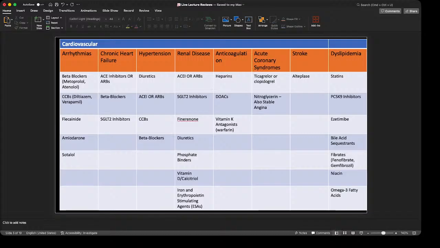Anticoagulants: heparin, DOACs, direct oral anticoagulants like rivaroxaban, Xarelto, Eliquis, apixaban, and dabigatran, and the vitamin K antagonist warfarin. When it comes to warfarin, definitely want to watch out for INR values.